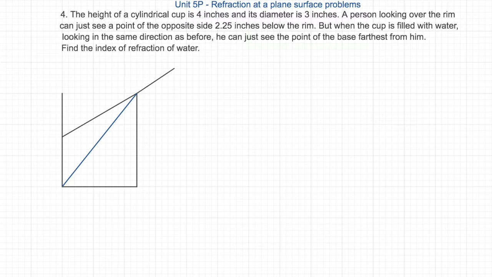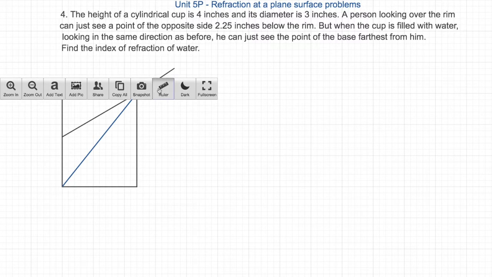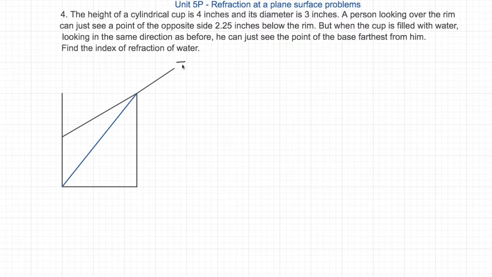So after it's refracted, it goes along the same route that the ray took without water. We'll put an eyeball here, hopefully attached to the rest of the person. This is our 2.25-inch distance. The entire cup is 4 inches tall, and its diameter is 3 inches.